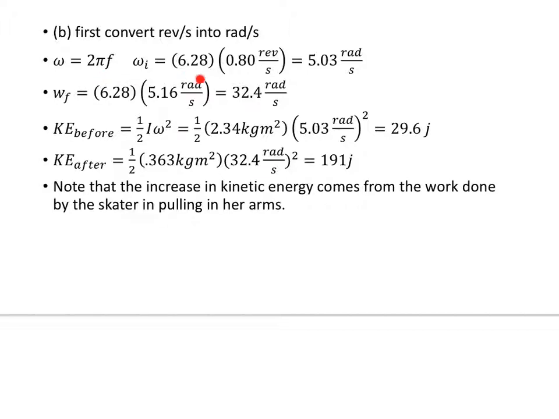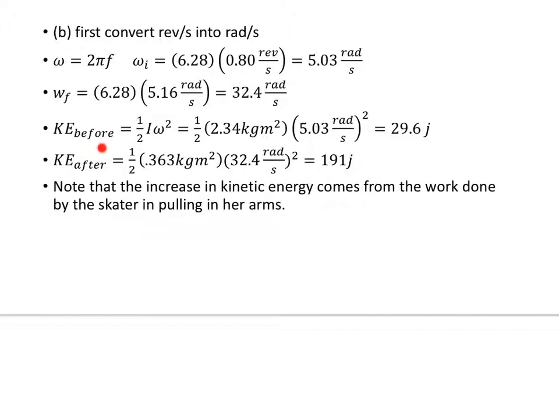So 2 pi is approximately 6.28 times 0.8, so her initial angular velocity is 5.03 radians per second. We do a similar thing for her final angular velocity, and that comes out to be 32.4 radians per second.